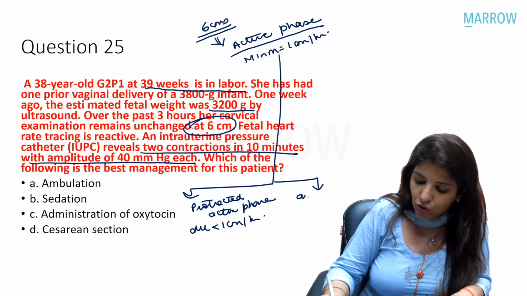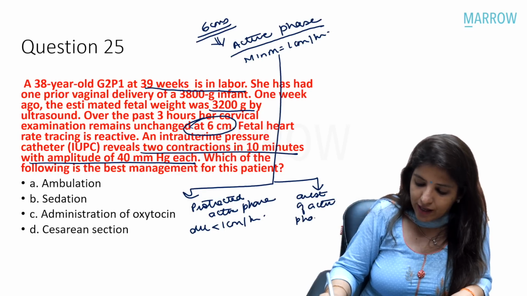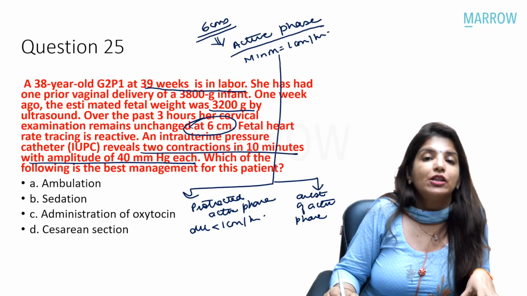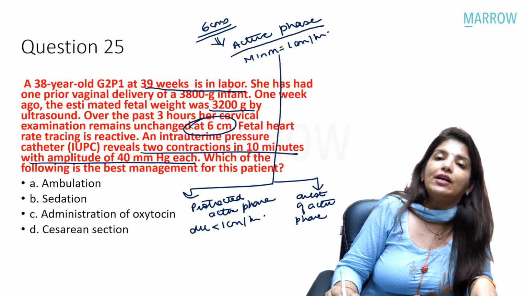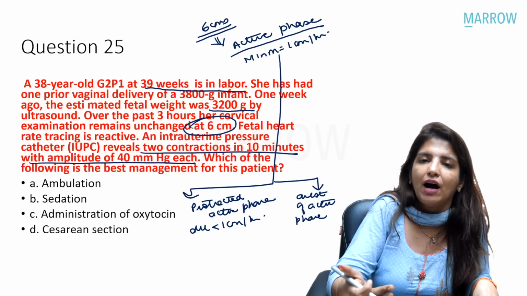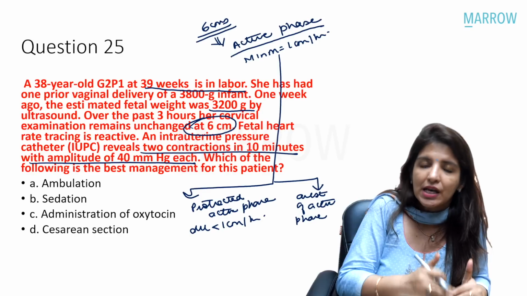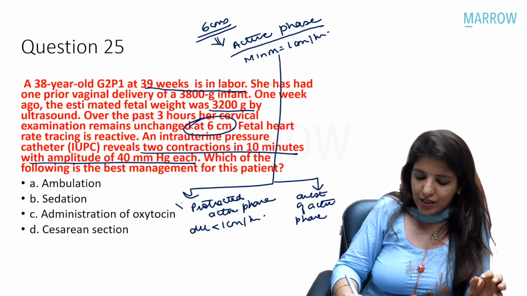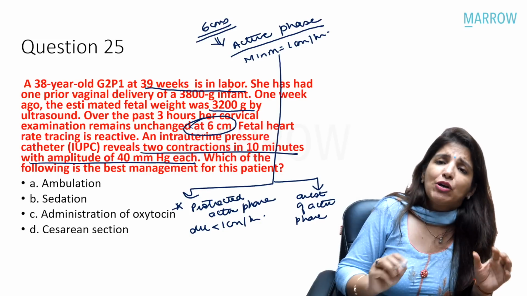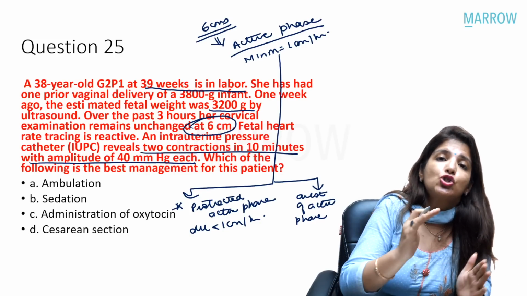And the other thing could be arrest of active phase. In active phase arrest, there is no dilatation, right? Suppose in this female, they would have said that initially her dilatation was 6 centimeters, and after 3 hours, her dilatation is 7 centimeters. Then I would have said that she is a case of protracted active phase, because the dilatation is happening slowly.